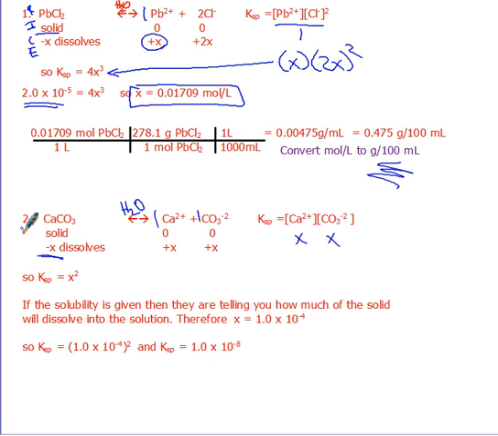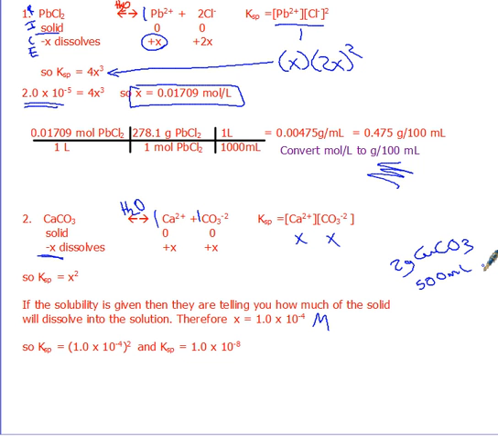They could have, instead of giving x in terms of molarity, because anytime we go to these Ksp expressions, they need to be in terms of molarity. What if they had said there are 2 grams of calcium carbonate, I'm just making these numbers up, completely dissolved into 500 milliliters?